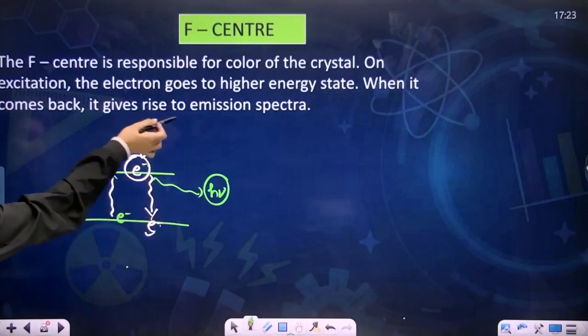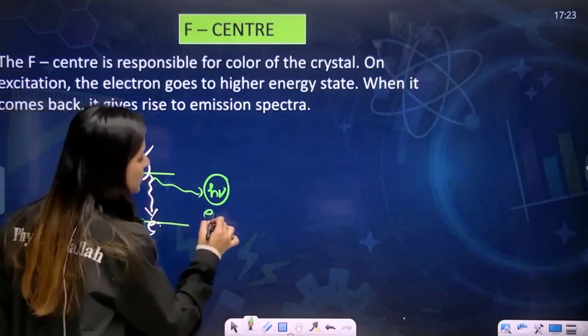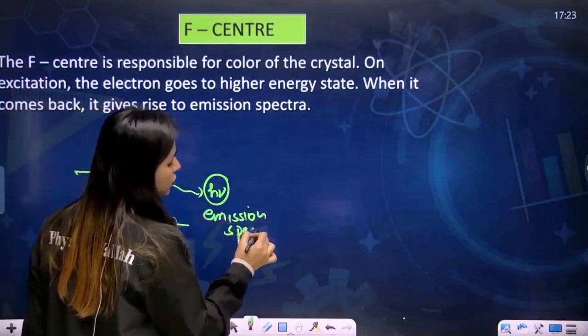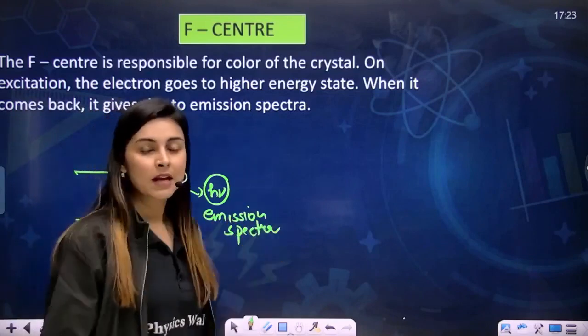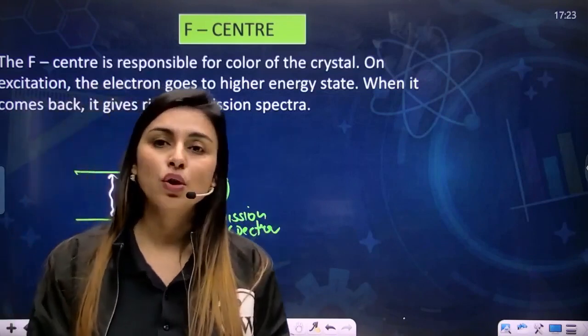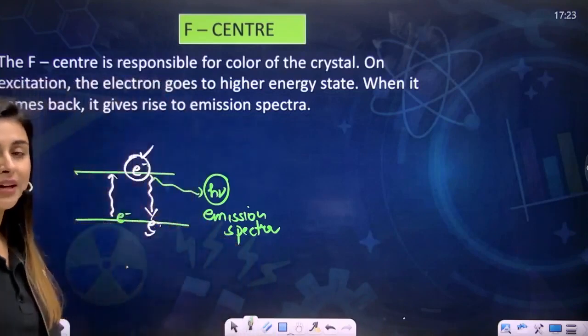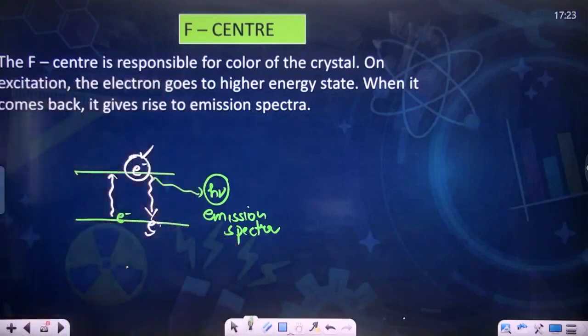When it comes back, it gives rise to the emission spectra, because of which we see the color, and that is the reason your NaCl solid seems to be yellow in color. Okay, perfect. Please write it down and then we'll move forward.